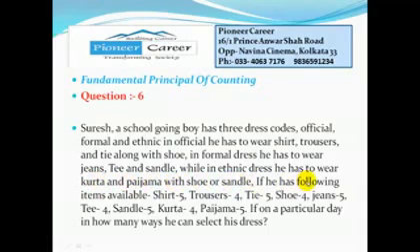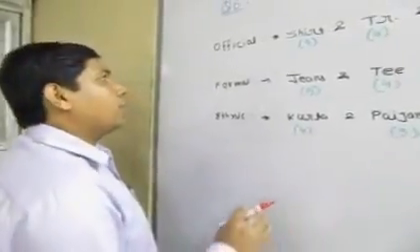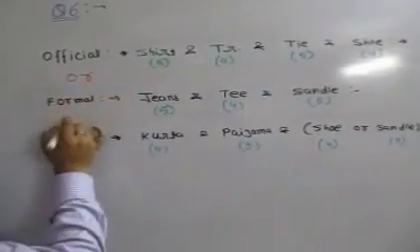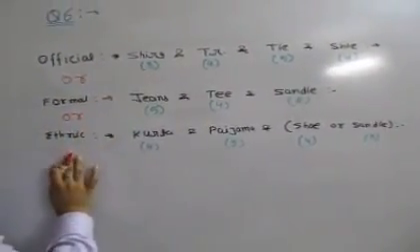He has the following items available: shirts 5, trousers 4, tie 5, shoe 4, jeans 5, tee 4, sandal 5, kurta 4, pajama 5. Then on a particular day, in how many ways can he select his dress? In this case, a person can select either the official dress code or formal or ethnic dress code.